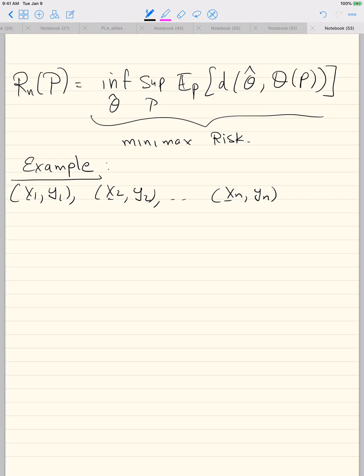Suppose we have n data points that are selected IID from some joint distribution P of x, y. The question that we are interested in is, given x, what is the best estimate for y? So the function that we are interested in computing is the regression function.